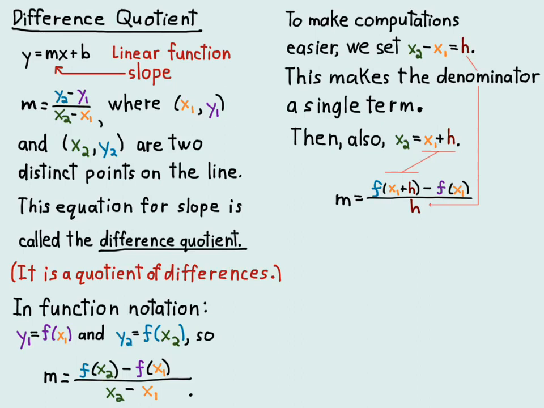Now what you do usually is, we don't usually write the sub 1. We don't have a sub 2 anymore to compare it with, so we don't really need the sub 1. Sometimes people do, or sometimes they'll write x sub 0. But most of the time we'll change the x1 into just x, or we'll change it into something like a.